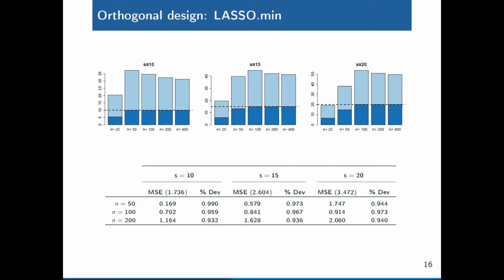The dashed lines mark the value of S. If we fit the lasso using the lambda which minimizes the mean square error, we can see that even in the orthogonal scenario, this performs quite badly, in the sense that it adds a lot of noise, even more noise than relevant covariates in some cases, and overestimates a lot the results.